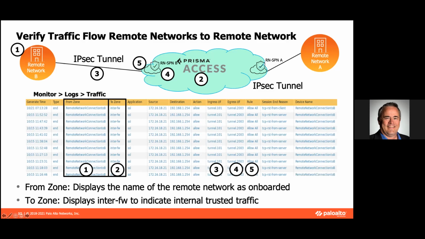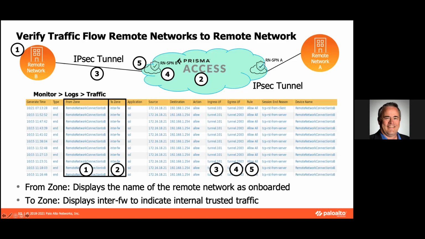Now, lots of the other stuff you're still going to see. You know, the application, source and destination IPs, the action, do we allow this or deny this? Session end reason, that sort of thing. You'll also see security policy rule name, that sort of information, which isn't viewable here on this slide, but it's there.